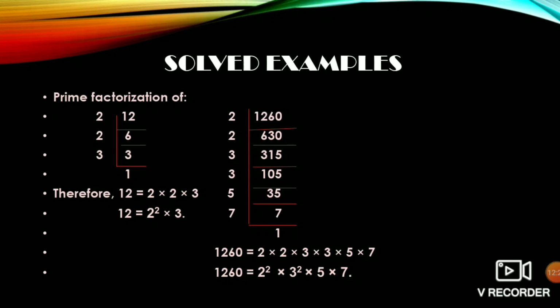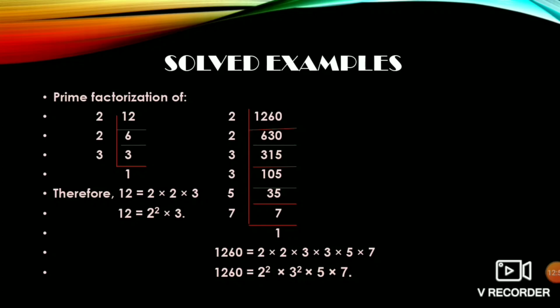So using divisibility rule, 315 is divisible by 3 and it gives quotient 105. Again, sum of 1, 0 and 5 is 6, which is divisible by 3. So 105 is divisible by 3 and it gives quotient 35.